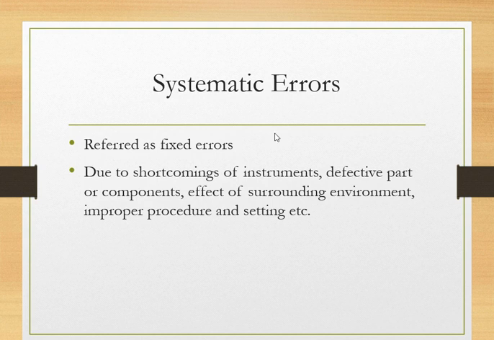This is also called fixed error, and it is due to the shortcomings of an instrument, defective parts or components, the effect of the surrounding environment, or improper procedure and setting. Again, there are a number of angles to systematic errors. It can be due to the instrument, the environment, improper setting, and all these things.